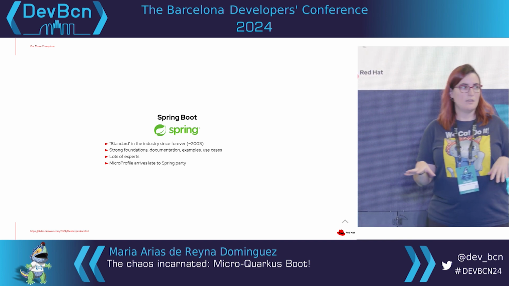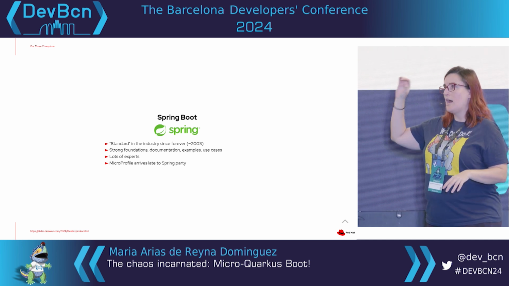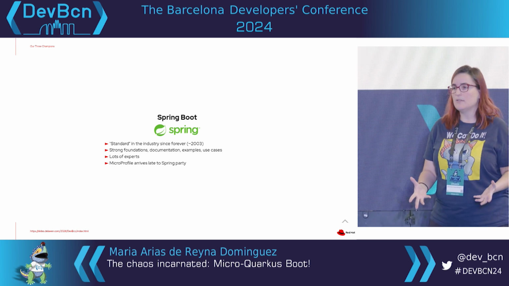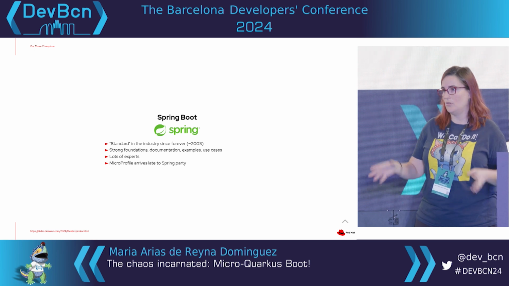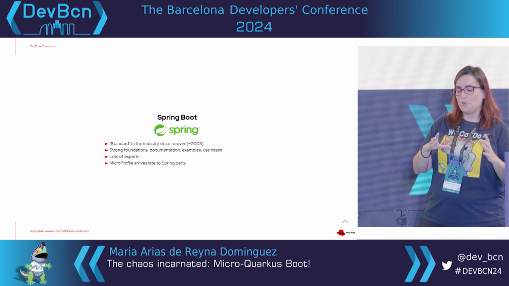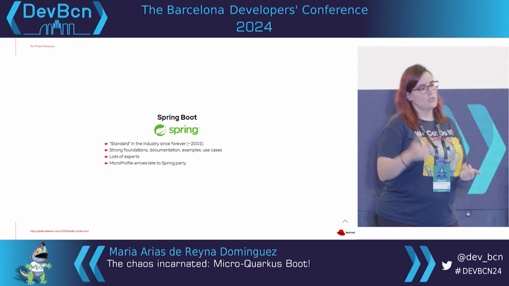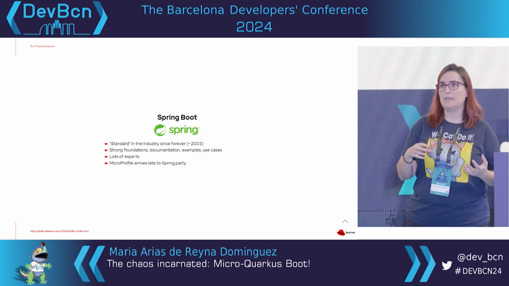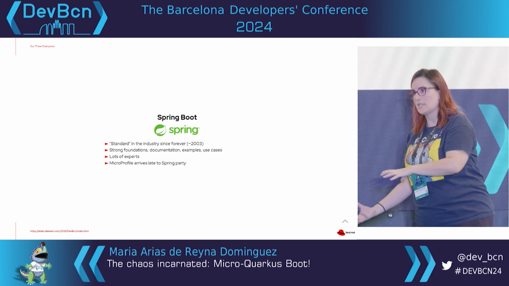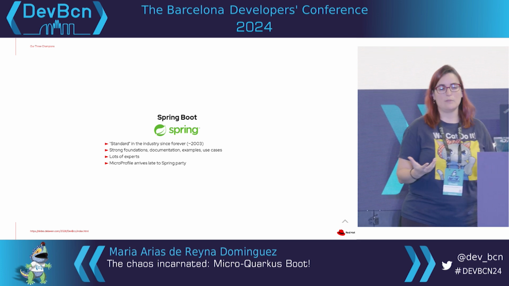This means Spring already had a lot of standards, a lot of definitions, a lot of annotations, a lot of concepts, a lot of decisions made before MicroProfile even existed or even was an idea somewhere. So that means that Spring had to adapt to MicroProfile. And that means, as we will see later, that some of the concepts of MicroProfile do not 100% translate in the way we want to use them.